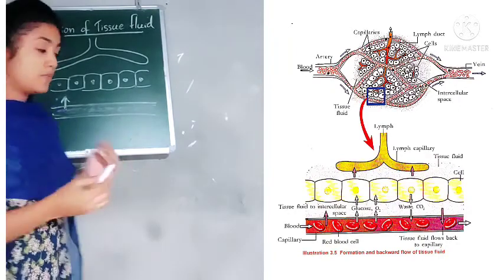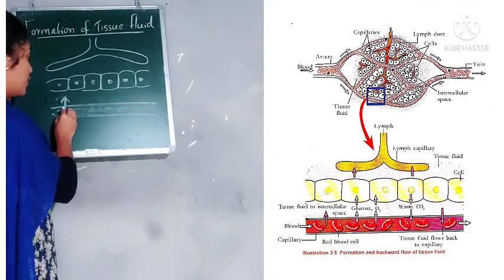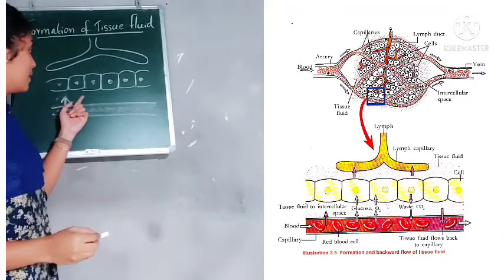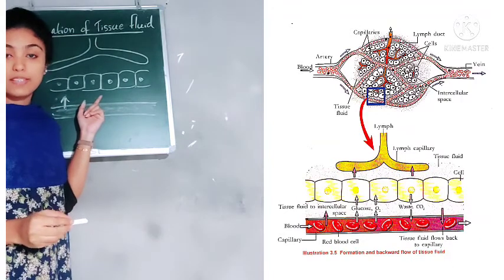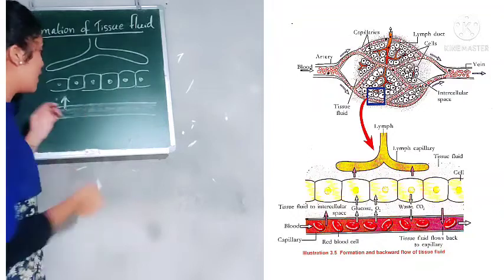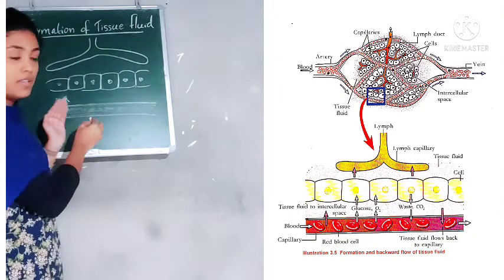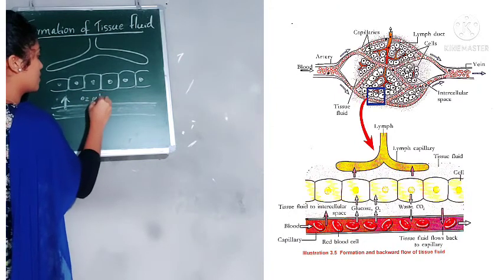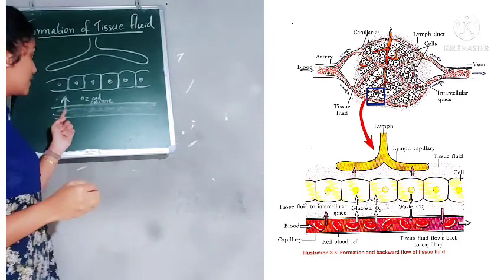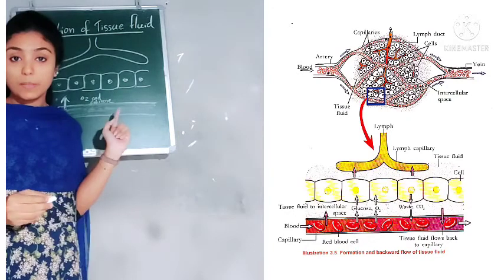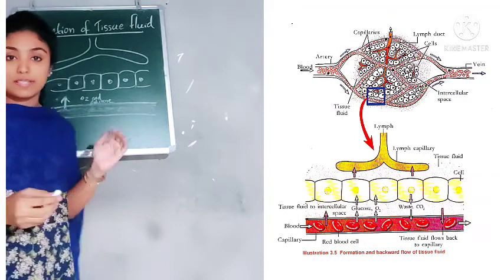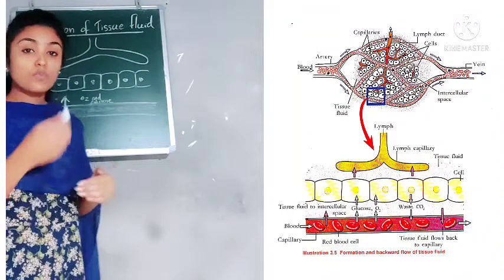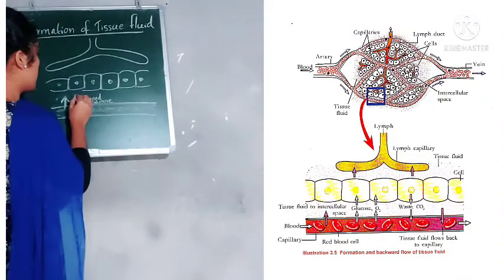The fluid which is present in the intercellular space is known as tissue fluid. Along with this fluid, oxygen and glucose from the blood also enter into the intercellular space. And from the intercellular space, the tissue fluid along with oxygen and glucose enters into the cells.